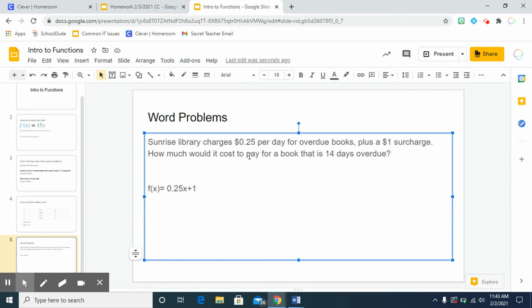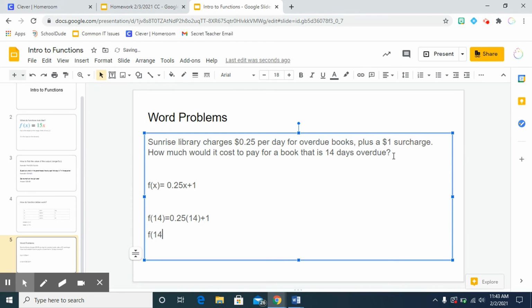So how much would it cost for a book that's 14 days overdue? So we can now substitute f of 14 into this equation, and that gives us 0.25 times 14 plus 1. And here, we can decompose that even further.